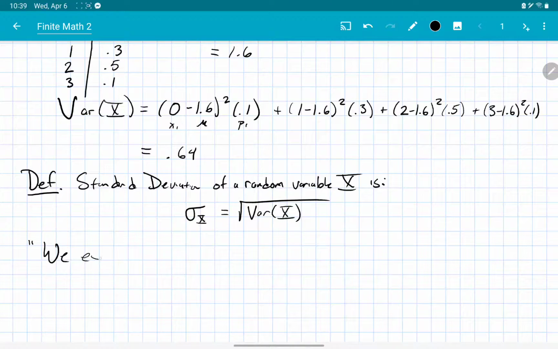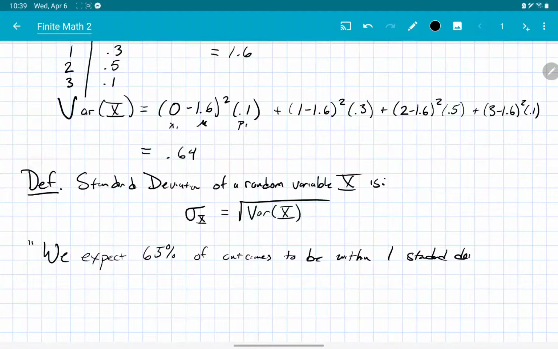We expect 65% of the outcomes to be within one standard deviation of the mean. And actually, I think it's 68% normally. This is for normally distributed things, which we're not going to talk about. But these statements that we make about standard deviations, we make them like this, right?